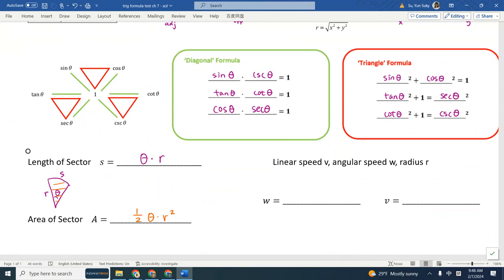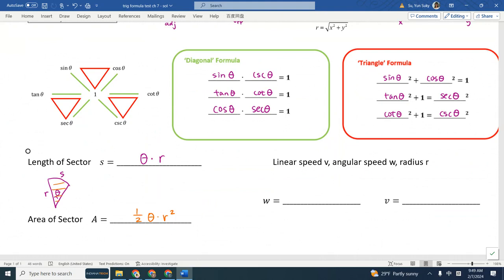That's why when you plug in theta equals 2 pi, the 2 cancels, and pi r squared is exactly the area of the circle. You know the area of a circle is pi r squared, right?